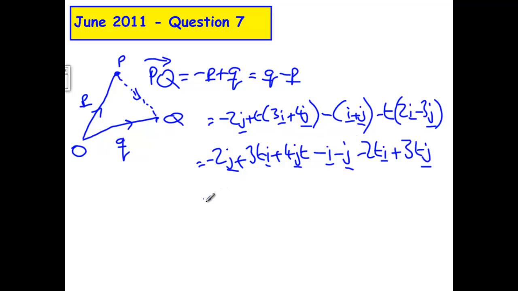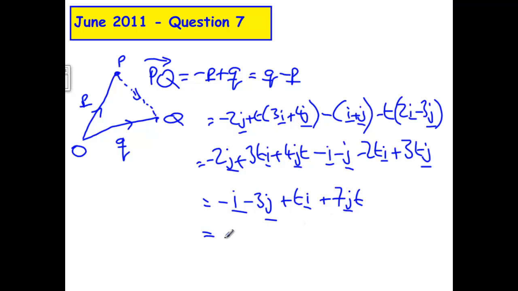Now collecting these like terms will give me minus i, minus 2j take away j is minus 3j, and then I will have 3ti take away 2ti is plus ti, and 4jt plus 3tj, that is plus 7jt.